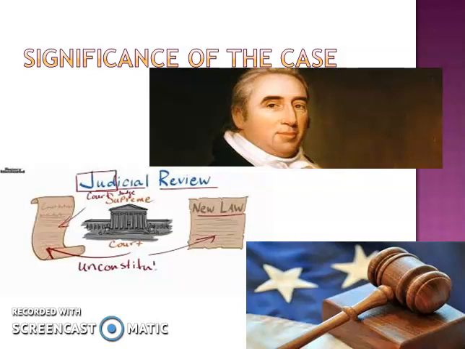And so instead of them providing a writ of mandamus, they concluded that they were actually going to null and void the Judiciary Act of 1789, and instead they were going to set up judicial review, which gave the Supreme Court the power to decide whether laws, clauses, or different legislation were constitutional or not.